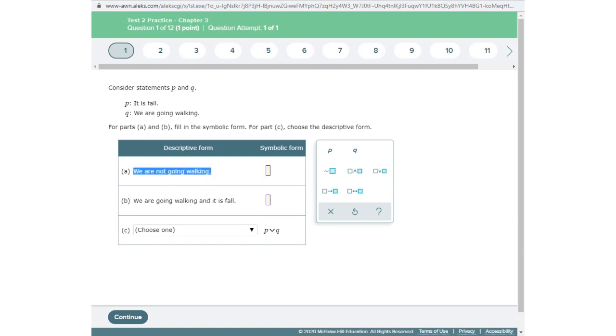It's got a negation in there, right? And what is it negating? It's negating only that statement.